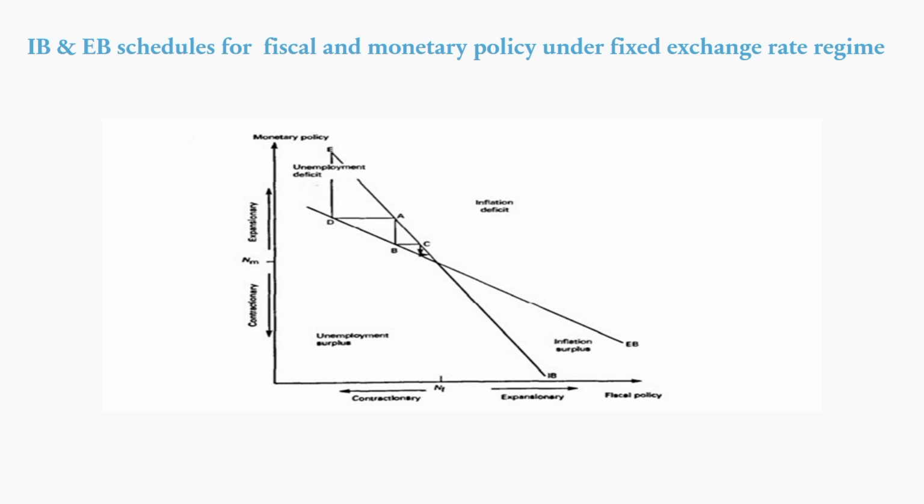When fiscal policy is expansionary, monetary policy has to be contractionary, raising the domestic interest rate to increase capital inflows to ensure equilibrium in the BOPs. The IB schedule is steeper than the EB schedule, so monetary policy is relatively more effective in influencing EB, and fiscal policy is relatively more effective with respect to IB.